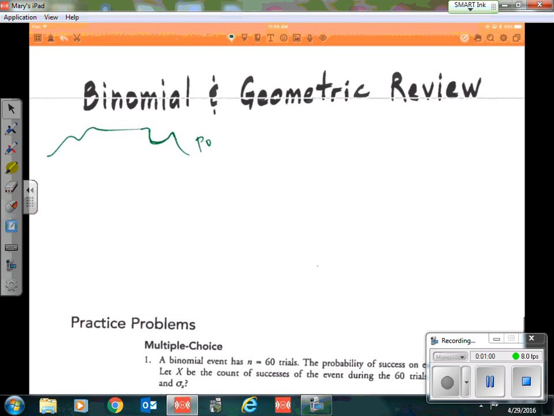Okay, so let's say that that's the shape of the population. What does that mean is inside that shape? Individual pieces of data. Now it has a mean of mu and a standard deviation of sigma. So that's the population values.